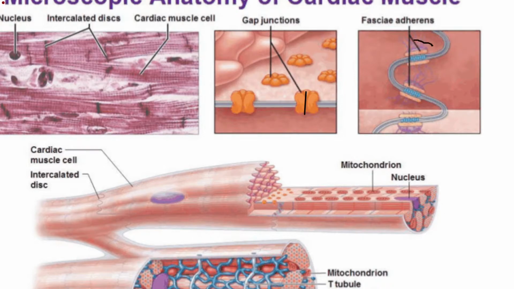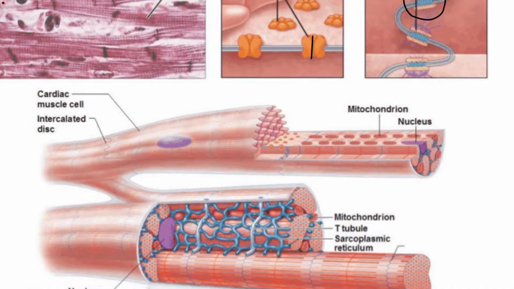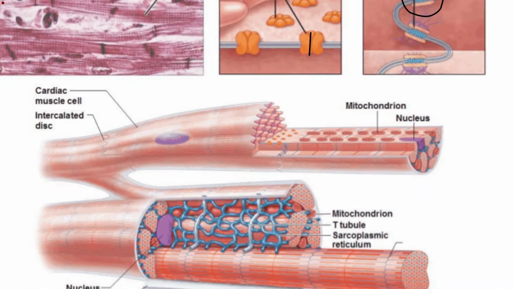And you have these little plaques called desmosomes at the intercalated discs to keep the cells attached. And then here you can see the branching and you can see many mitochondria in there, right, for providing energy or ATP.